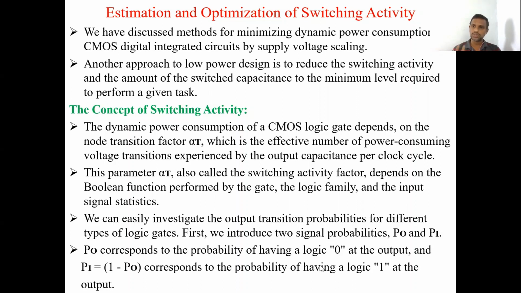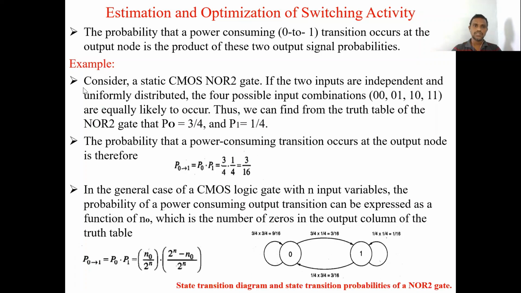If you get logic 0 or logic 1, there will be a transition taking place, and those transitions cause the power consumption for us. So we will calculate the probability of power consuming signals. The probability that a power consuming transition, that is 0 to 1 or 1 to 0, occurs at the output node is the product of these two output signal probabilities.